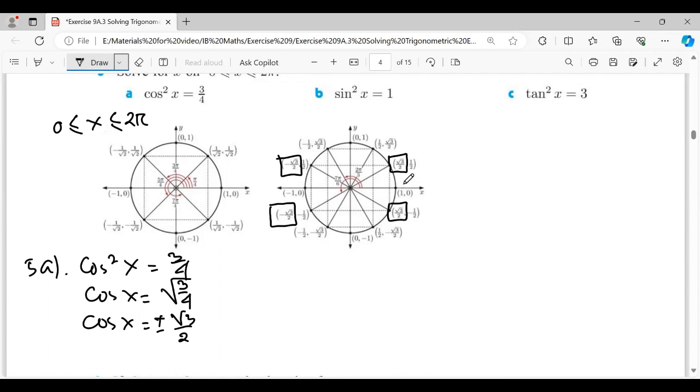There are four x values. So x are 1/6 pi.